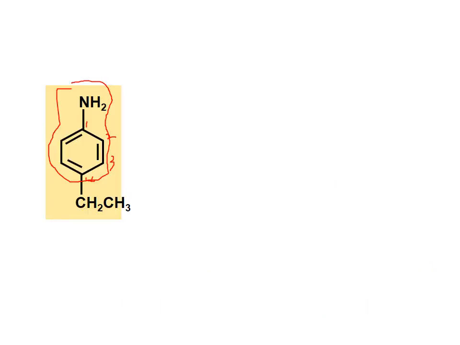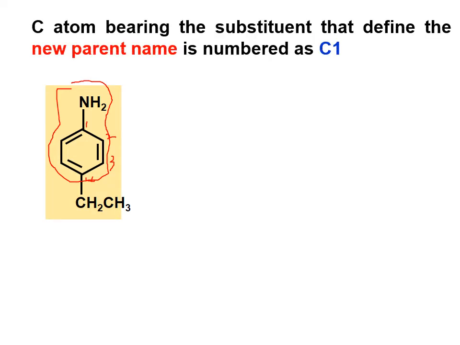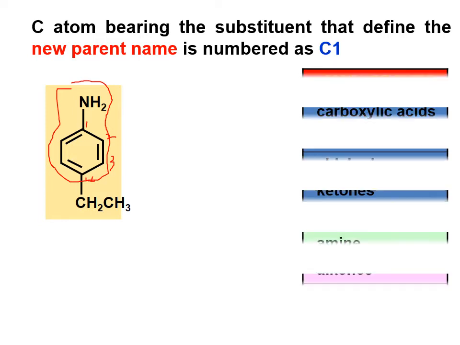Okay, so let's look at more examples. So you have your NH2 and then CH2, CH3. Okay, so there's one rule which we need to apply, based on the priority of the common substituent.